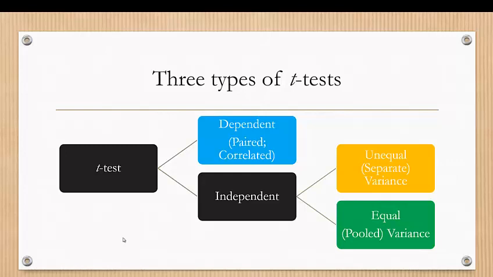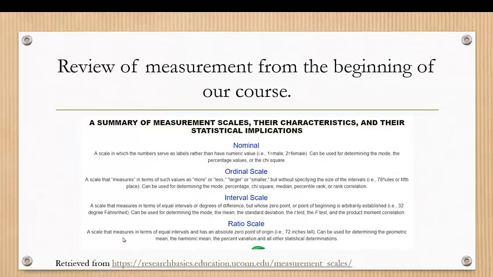I'm going to give you examples of why we would use each test, and it all depends on our groups, the variance within our groups, the numbers within our groups, and the assessments we're using. We'll pull that all together, okay?